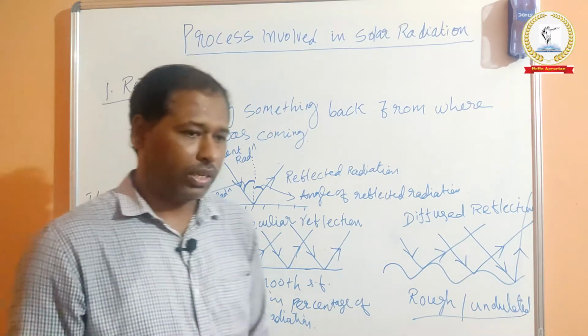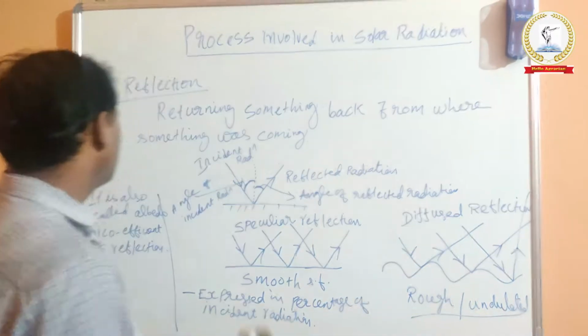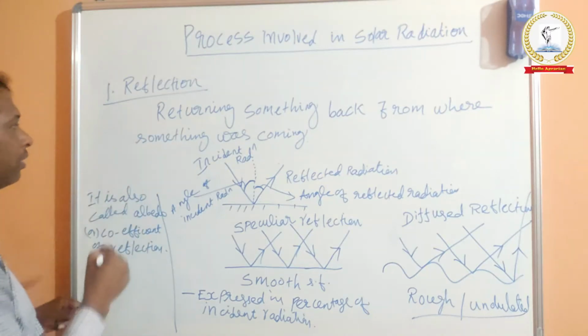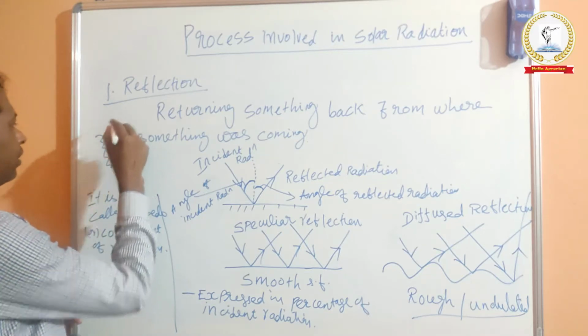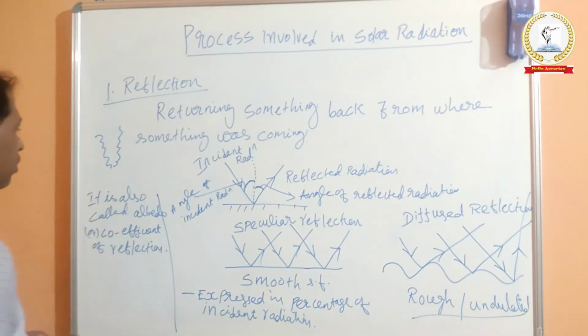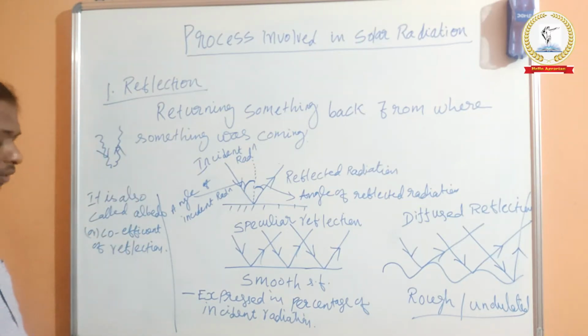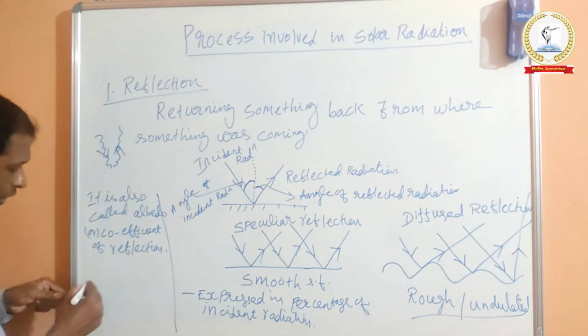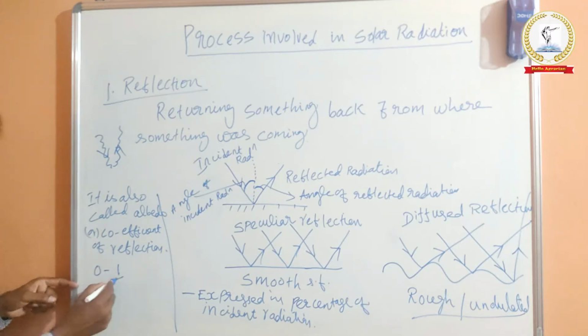Albedo means reflection of radiation without changing any of its quality. Suppose solar radiation is coming in the form of short wave radiation, and the same short wave radiation is reflected back to the atmosphere, so that is called albedo. This coefficient of reflection or albedo value is from 0 to 1, with 1 as the maximum and 0 as the lowest. So it ranges between 0 and 1.